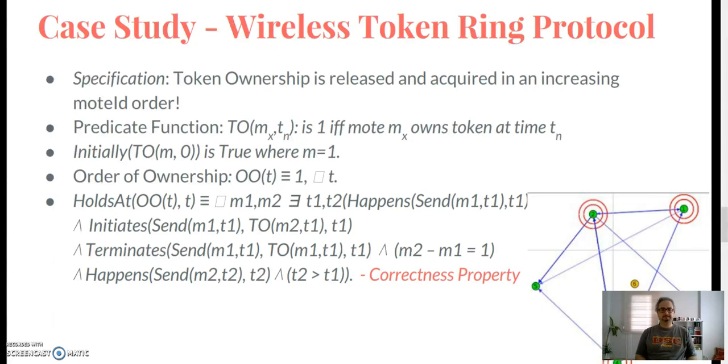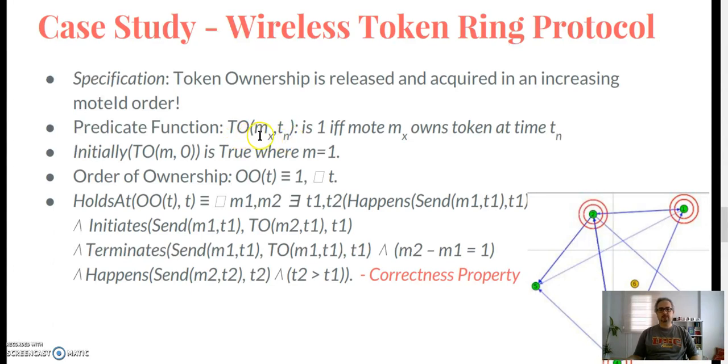It is for the sake of simplicity, to give you the idea. And we can define new predicate functions for each domain that we are dealing with, and we can use these predicate functions as fluents in our event calculus, because the values of those predicate functions will be dependent on time. So take this predicate function. This indicates token ownership.